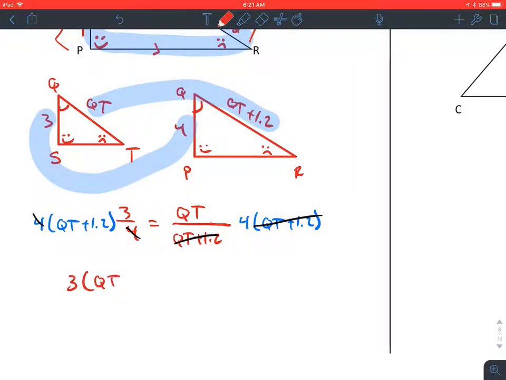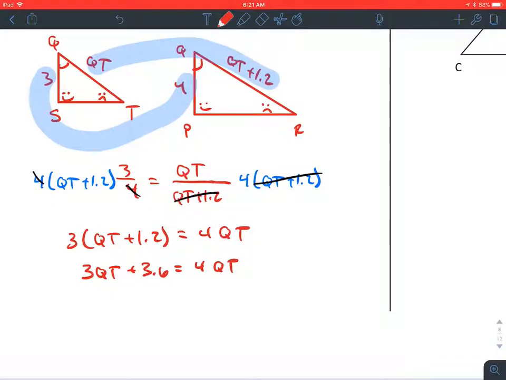So we end up with 3 times the sum of QT and 1.2 equals 4 times QT. We distribute the 3 using the distributive property. And then if we subtract 3 QT's from both sides using the subtraction property of equality, we get that QT is 3.6.